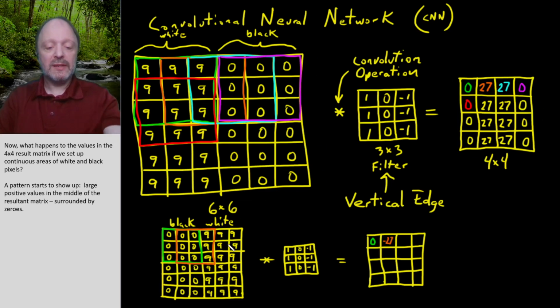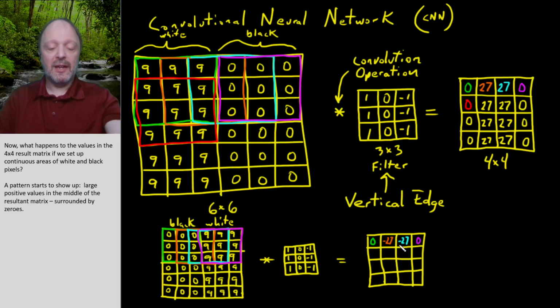Then I repeat the process. Now I'm looking at this set of pixels. When I do that, I get a 0, and again a negative 27. And then finally I move over to the last one, right here. And this set I get 27 plus 0 plus negative 27 back to 0.